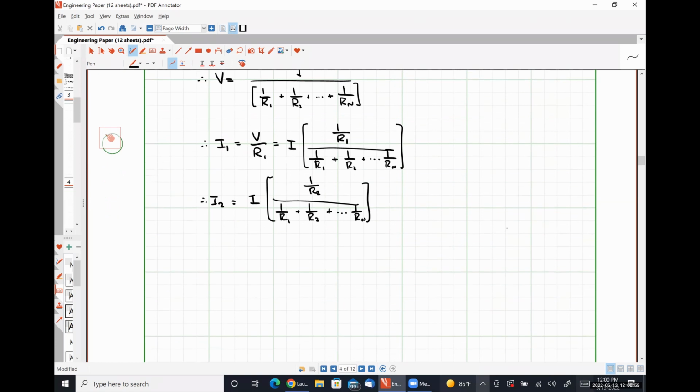And so generically speaking, we can say that the current flowing through the kth resistor, whichever one that we are interested in, is equal to I, the total current, multiplied by the ratio 1 over R sub K divided by 1 over R1 plus 1 over R2 all the way out to 1 over Rn.